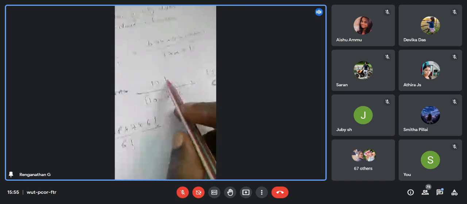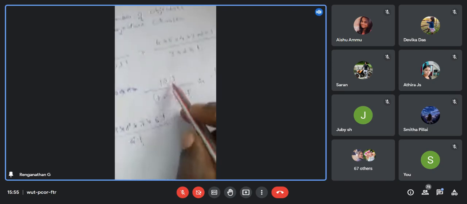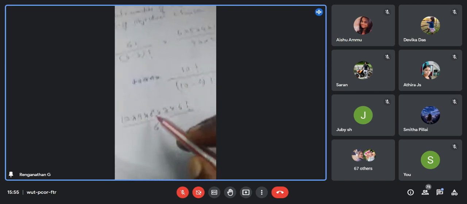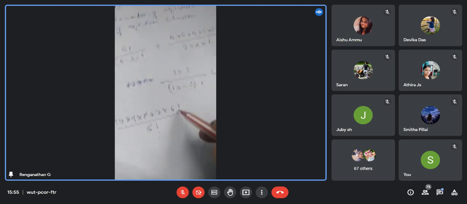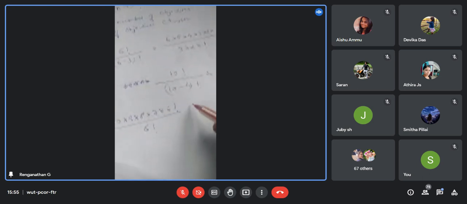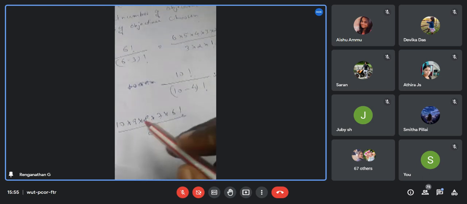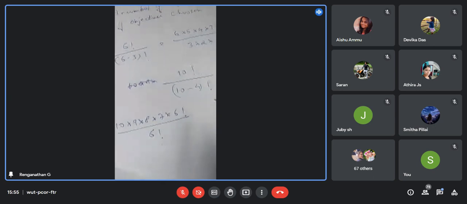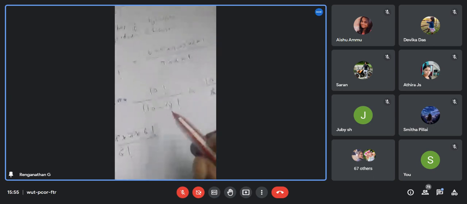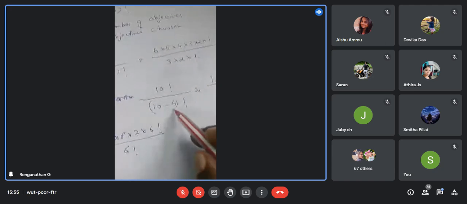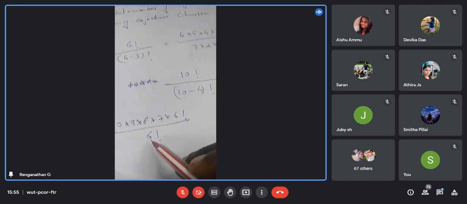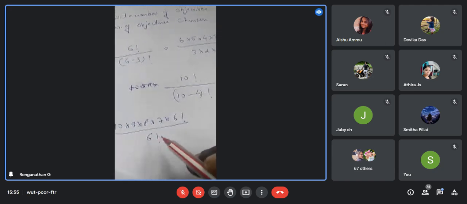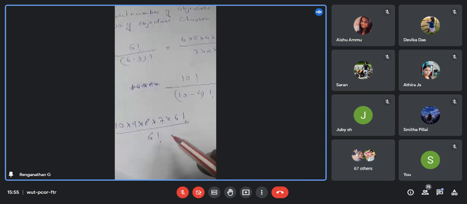So 10 factorial. How do we write 10 factorial? 10 into 9 into 8 into 7 into 6 into 5 into 4 into 3 into 2 into 1. Similarly, in the denominator there is 6 factorial, which we can write as 6 into 5 into 4 into 3 into 2 into 1.